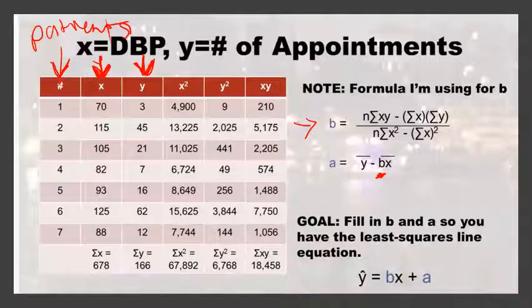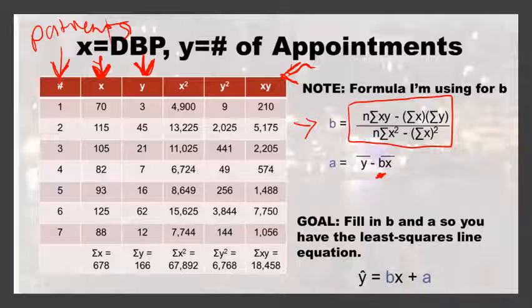So what you're going to do is basically recycle all of your information from when you created this chart, and put all of that into your equation for B and solve for B. Since we did all the work before, this is just about calculating things, so you should be fine.